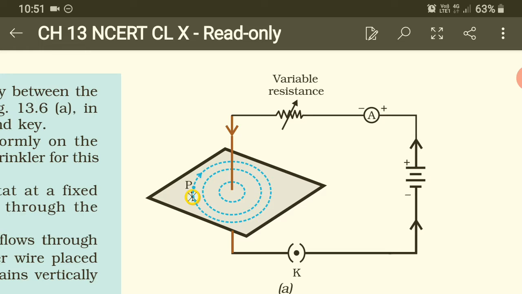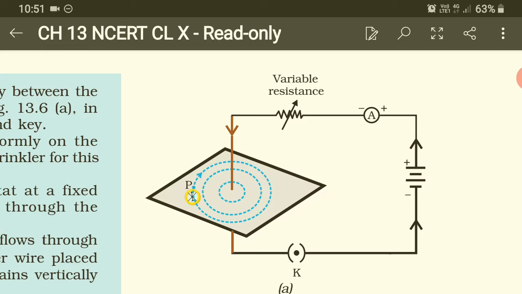So I will increase the value of current such that the maximum amount of current flows through this wire. What happens to the strength of the magnetic field? Yes, it increases. From this we conclude the strength of the magnetic field is directly proportional to the amount of current flowing through this conductor.